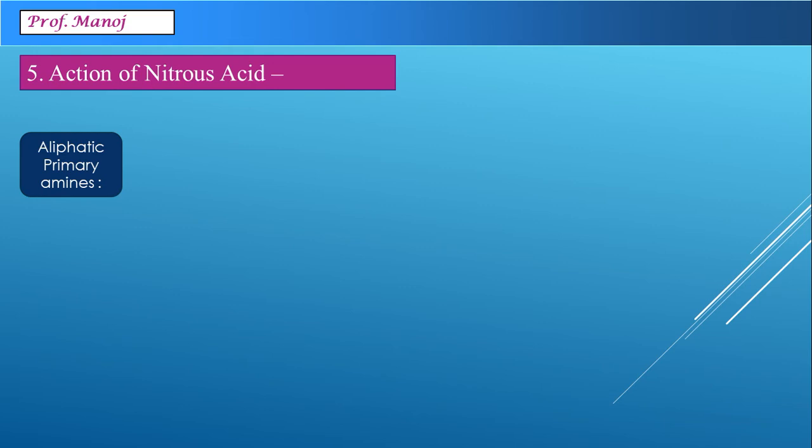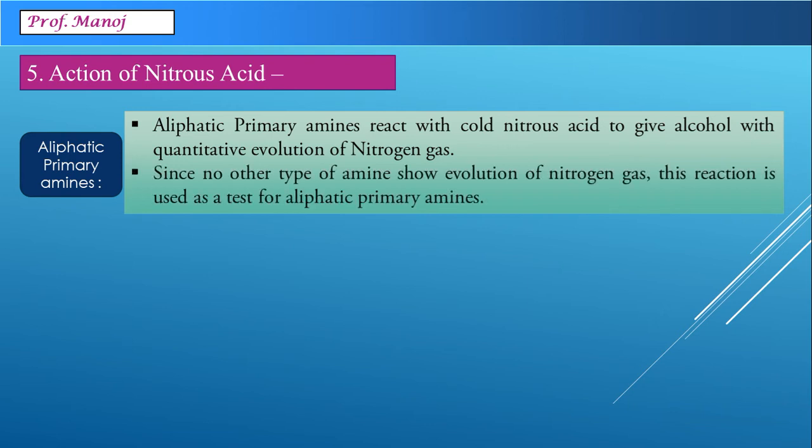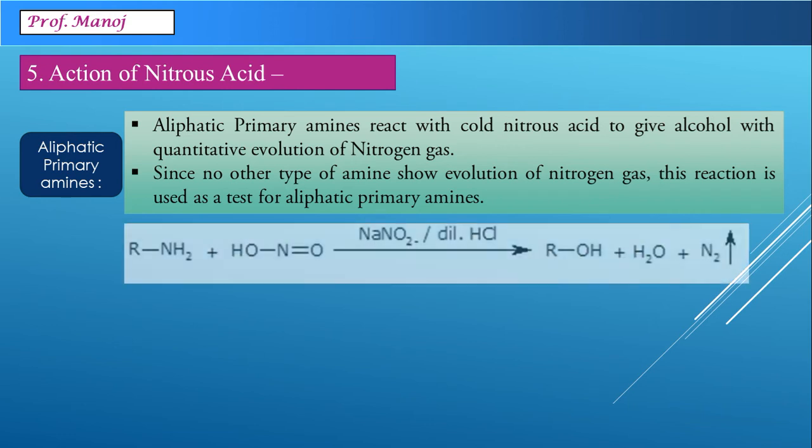Let us see now aliphatic primary amines reacting with nitrous acid. Aliphatic primary amines react with cold nitrous acid to form the main product as alcohol, with quantitative evolution of nitrogen gas. Since no other type of amine shows the evolution of nitrogen gas, this is a test for aliphatic primary amines.